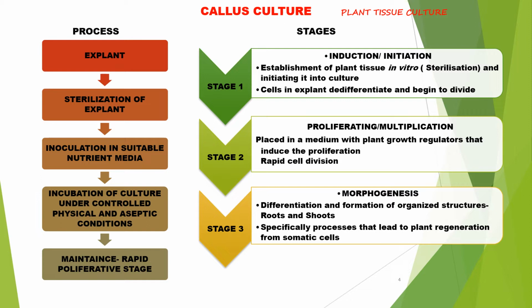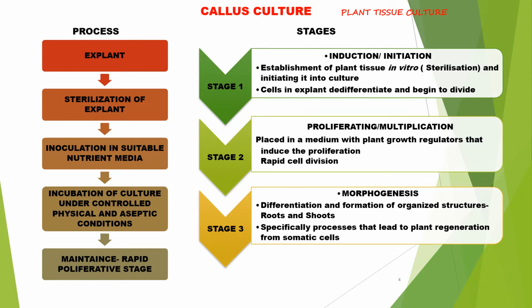This is then incubated in culture rooms, and the maintenance of rapid proliferation stage is done by subculturing at frequent intervals. The whole process can be divided into three stages.